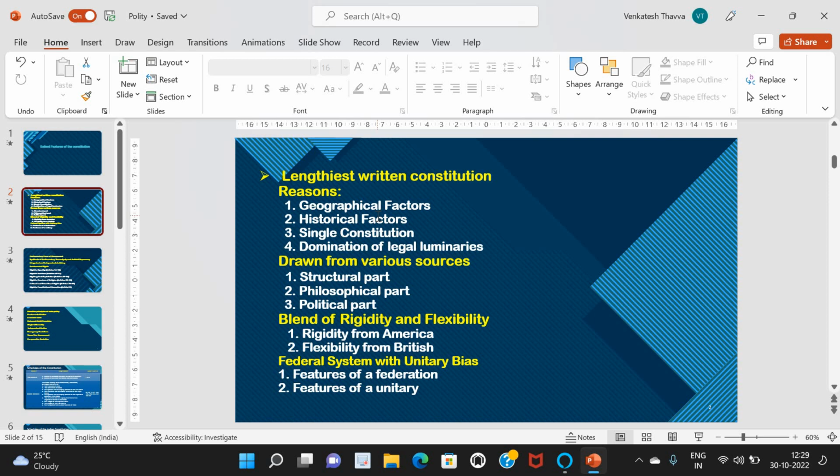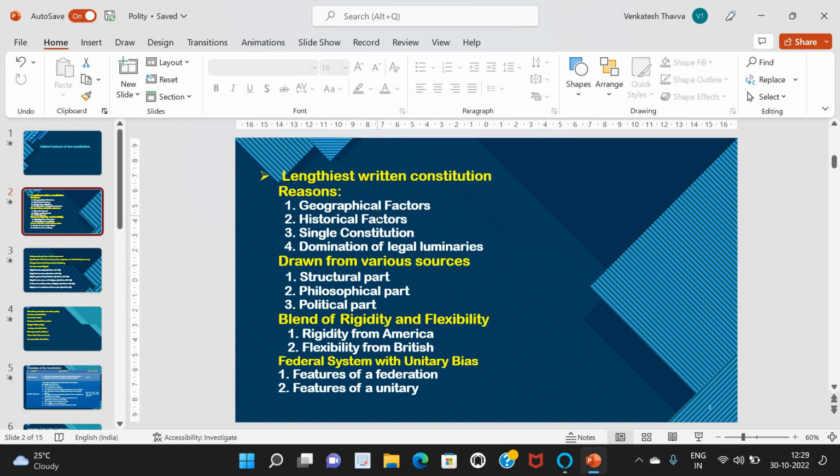Historical factors are, for example, the influence of the Government of India Act of 1935, which was bulky. Next, coming to single constitution, it is for both the center and the state. Next, dominance of legal luminaries in the Constituent Assembly. The Constitution contains not only the fundamental principles of governance but also detailed administrative provisions.